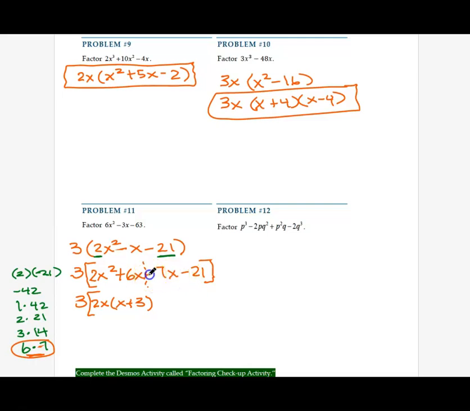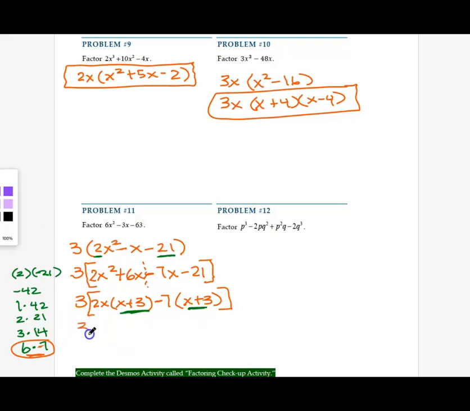And then here, since this is negative, we want to make sure that we factor that negative out. So if I factor a negative 7 out, I'm left with, again, x plus 3, which is what I needed, right? I need these two things to be the same. If you don't get the same thing there, then you probably did something wrong. Because they're all going to work out nice for you.